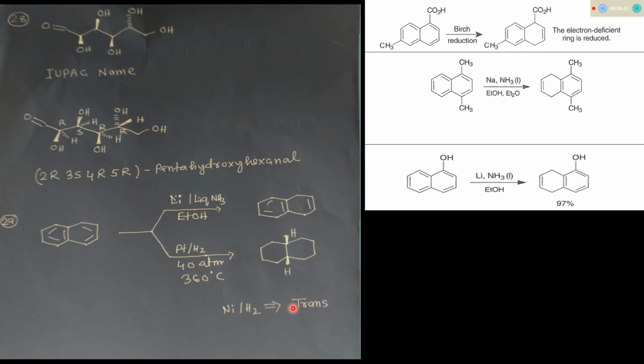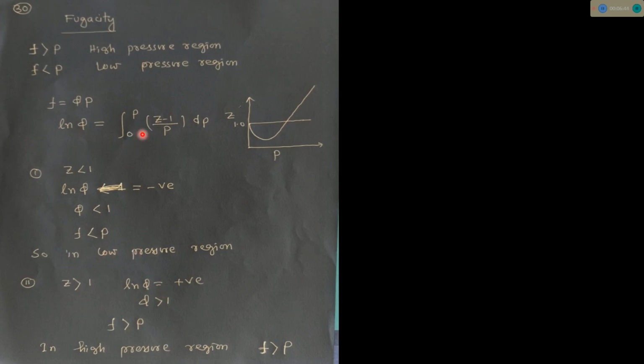Let's move to the next question. This question is from physical chemistry, fugacity. There are four options. Fugacity, in which case F is greater than P, where P is the pressure of ideal gases and F is fugacity, called the effective pressure.